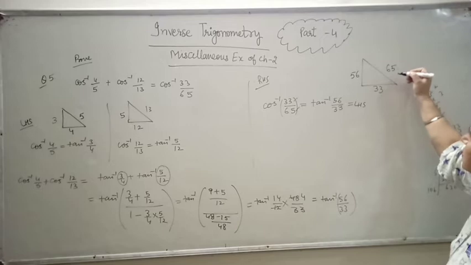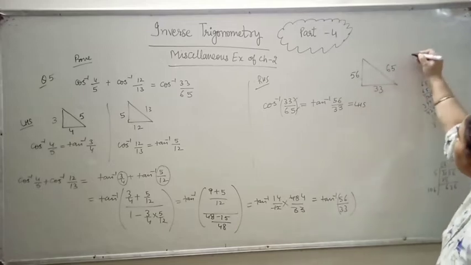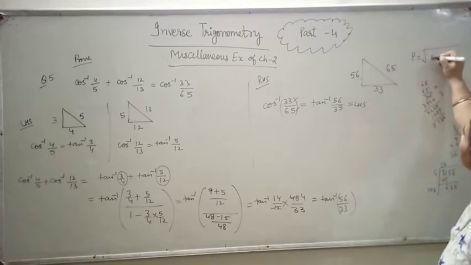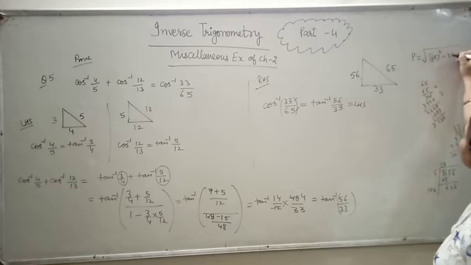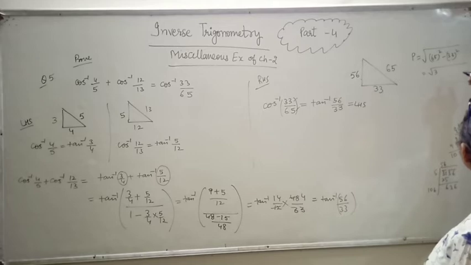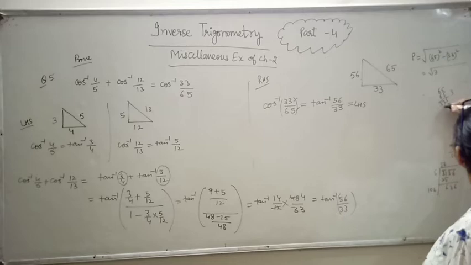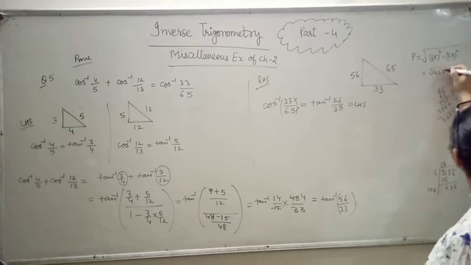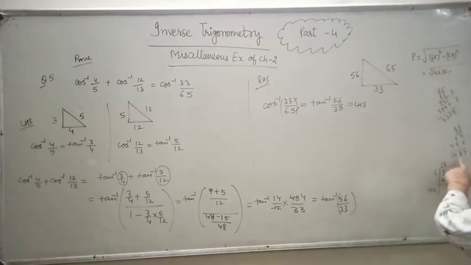By using the Pythagoras theorem, this perpendicular will be square root of 65 square minus 33 square. 65 square I have calculated, 65 into 65, this is 4225, minus 33 square is 1089.